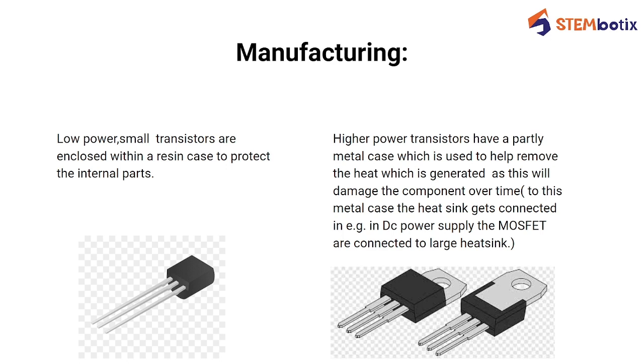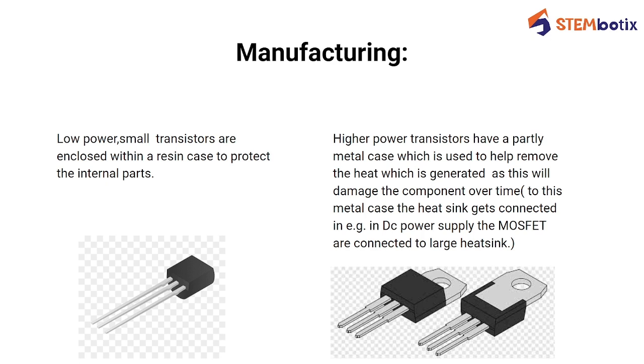So this metal case is attached to a heat sink, which is used to minimize the heat. In some of the devices, such as a DC power supply, the MOSFETs are connected to a larger heat sink in order to minimize the heat and protect the devices from overcurrent or damage.